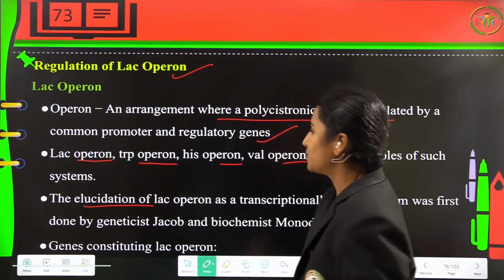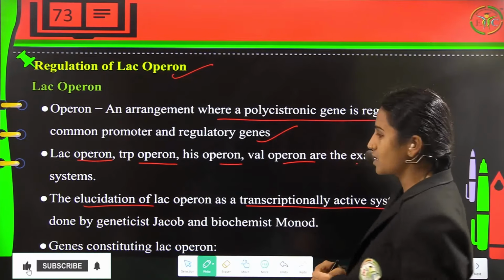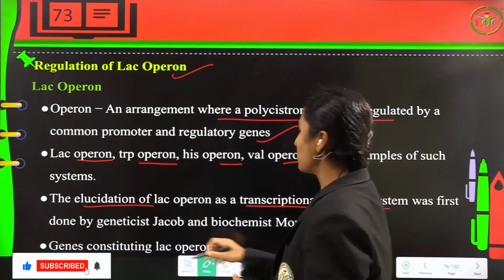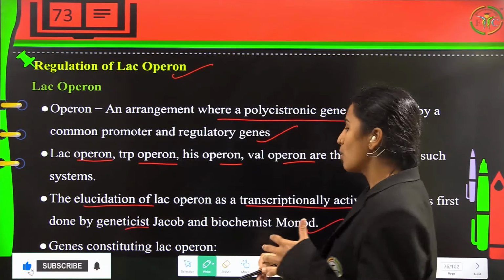The elucidation of the Lac operon as a transcriptionally active system was first done by geneticist Jacob and biochemist Monod.